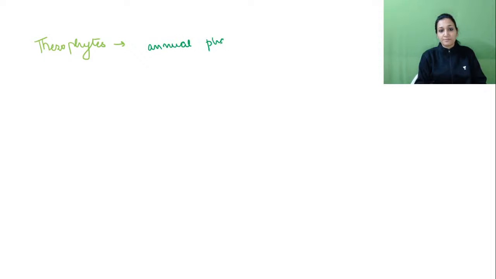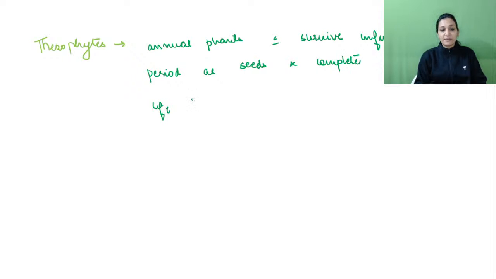Annual plants which survive unfavorable period as seeds and complete their life cycle from seed to seed in one season.